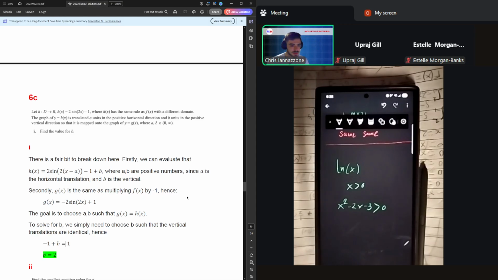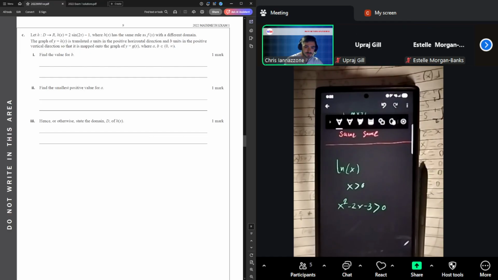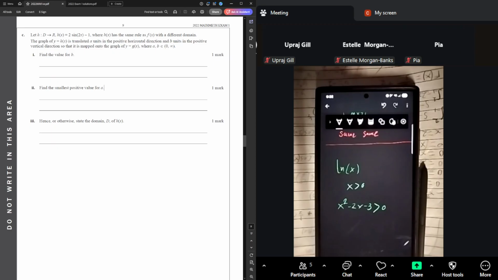That's if you prefer the algebra approach. But just looking at the function and visually picking a value is a pretty good idea. You can also do the same for A as well. If there's anything else to clarify, let me know. Otherwise, double I.